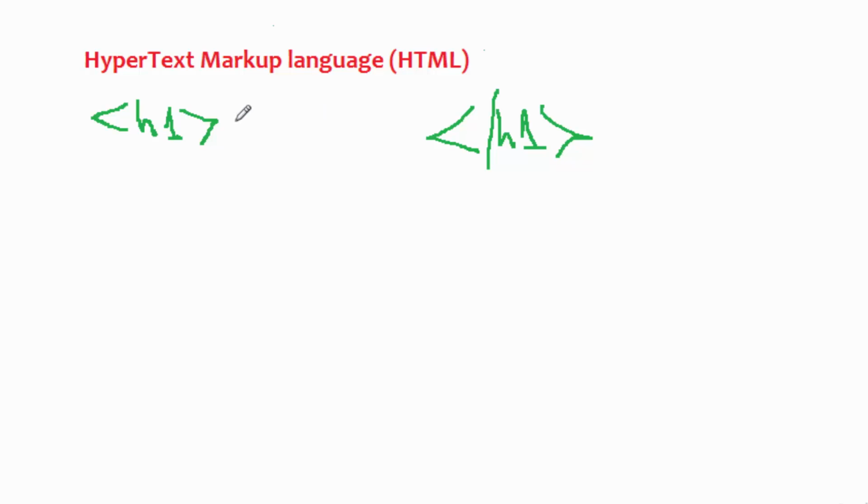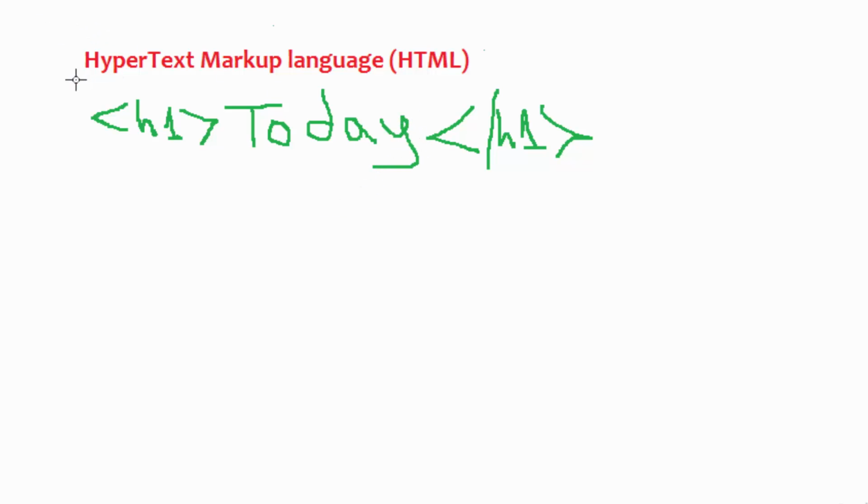So whatever text you want to appear inside the heading, you have to put it in the opening tag and the closing tag. And remember, the closing tag has a slash, the slash floating or slanting towards the right. So if I want my heading to be, for example, today, I will write the text today between the two tags like this.